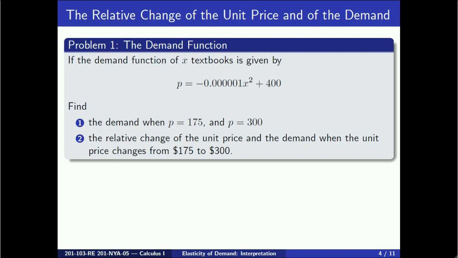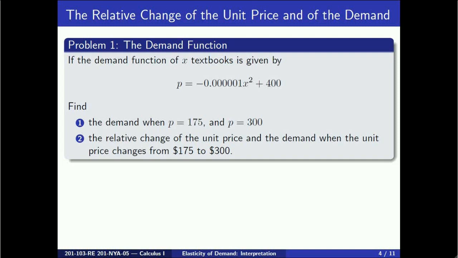We could show that it decreases on the interval [0, 20,000]. When the demand X is 0, in this case nobody would want to buy, the unit price is $400 per unit. And when the demand X is 20,000, the unit price is 0, but probably the company will not want to sell at that price.